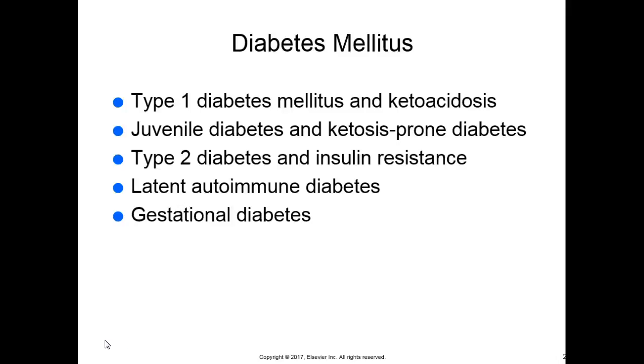Type 1 occurs when the body's immune system destroys the insulin-producing beta cells. There really is no way to prevent type 1 diabetes. People who have type 1 will require injections of insulin to help with metabolism of glucose because they have little or no insulin being produced by the pancreas itself.